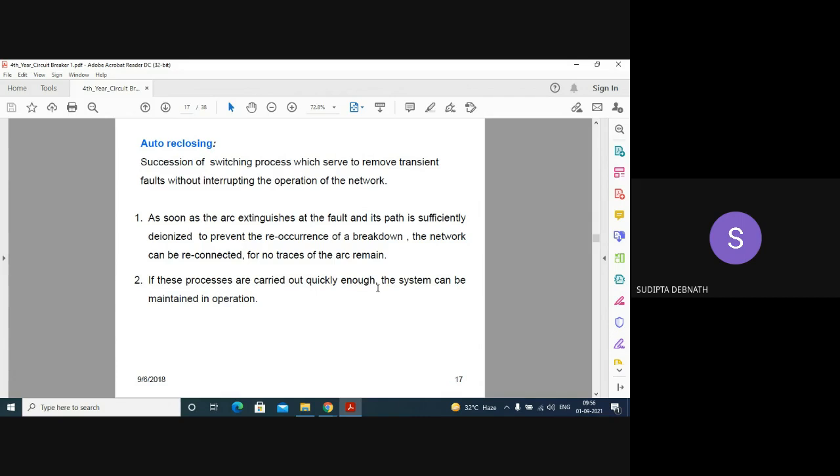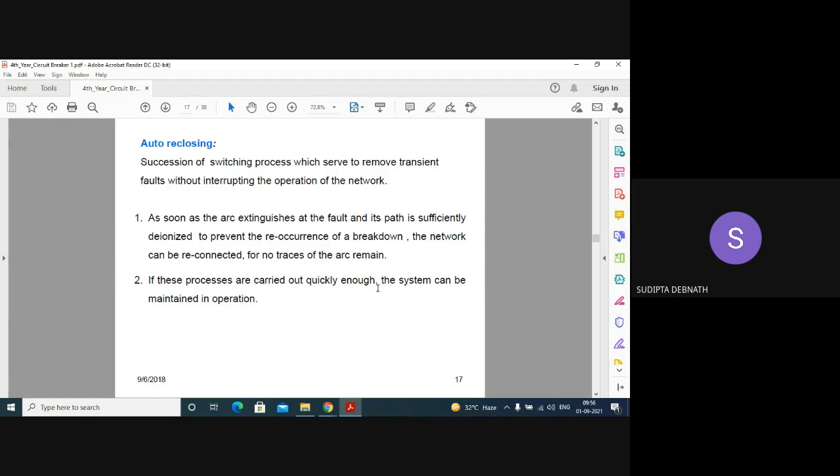Also, you know of the critical clearing angle. You have studied in power system stability. You know that if the reclosing time is more, then there may be a chance of losing stability. So the circuit should be reclosed within a very short time.